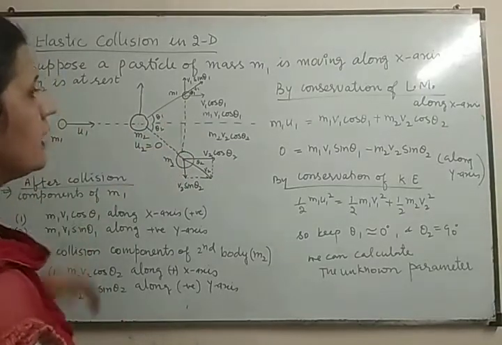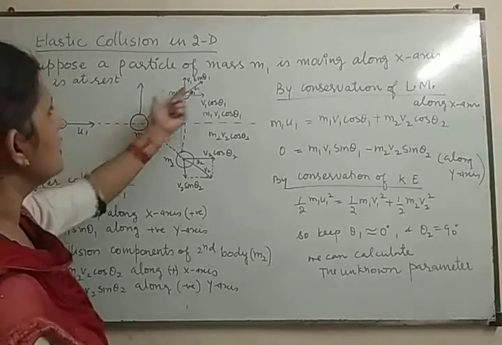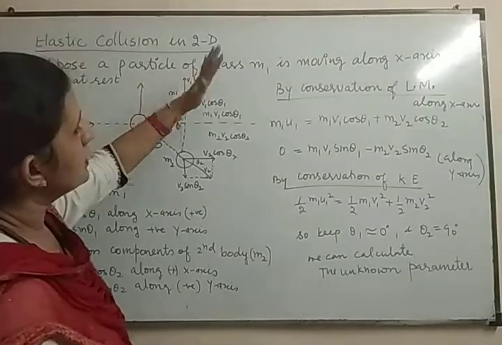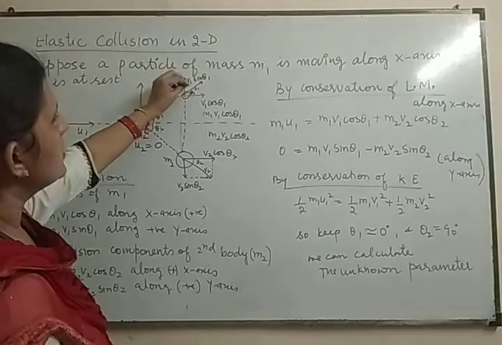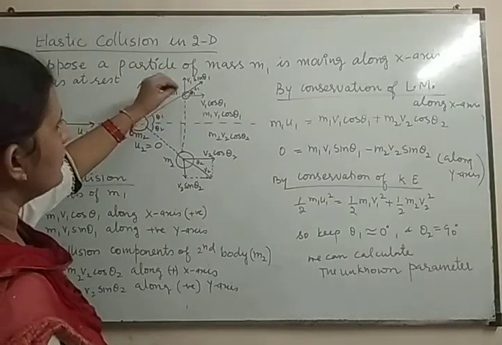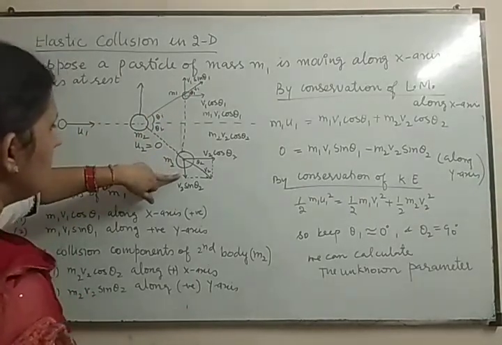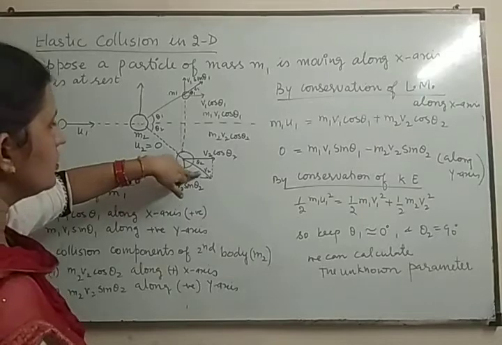And what about the kinetic energy after collision? The kinetic energy is the same regardless of components. The first object moves in this direction with velocity v1, so its kinetic energy is half m1 v1 square, and the kinetic energy of the second is half m2 v2 square.